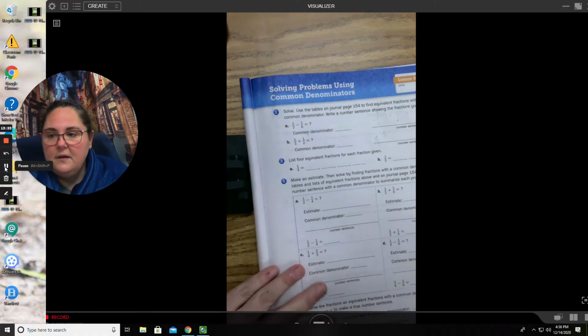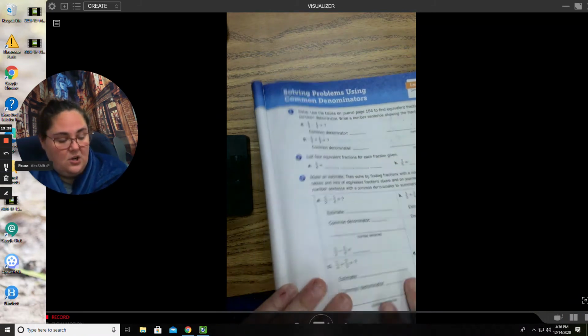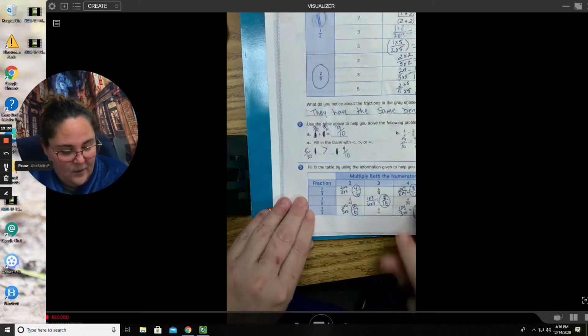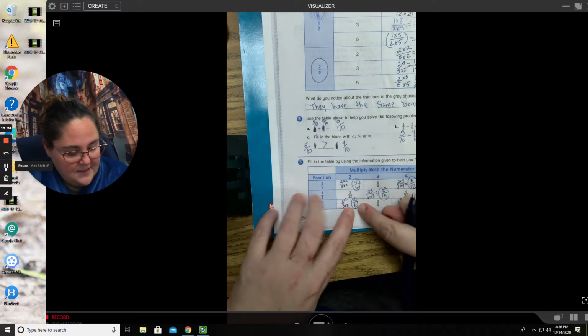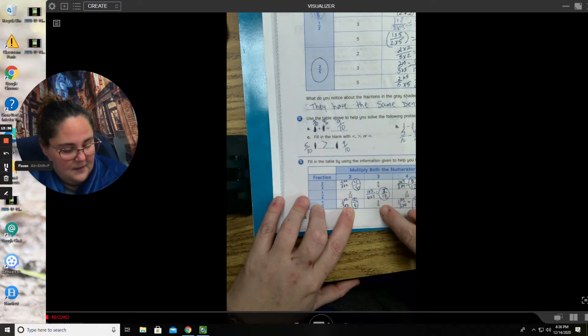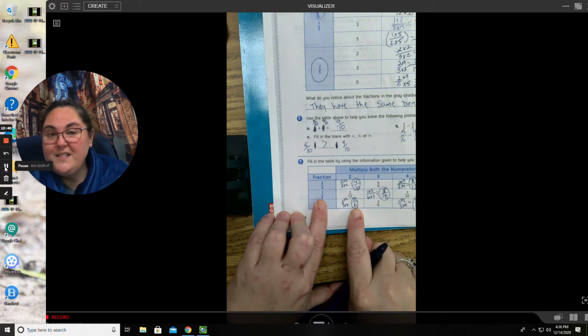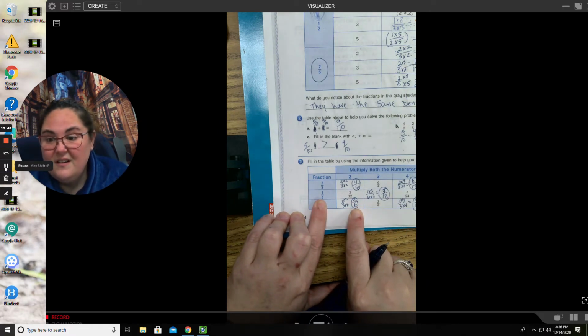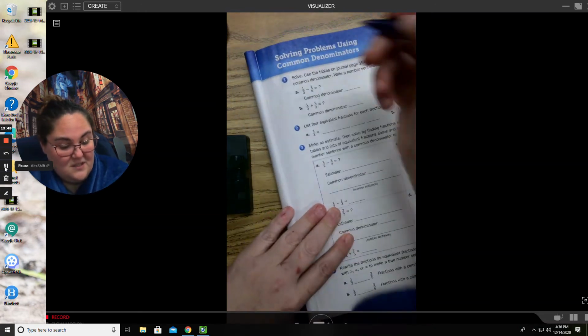All right. So 1/3 and 1/6. So I can look at this chart and say, okay, 1/3 and 1/6. I have a denominator of 6 and 12. Let's see. Oh, wait. 1/6 I don't have to change. 1/6 is 1/6. 1/3 is the same as 2/6.